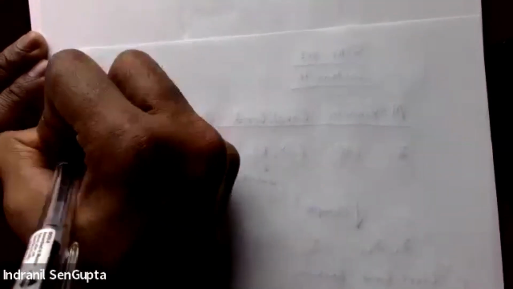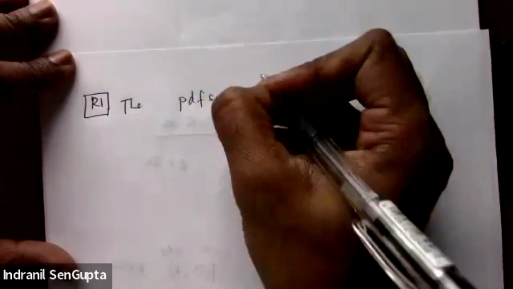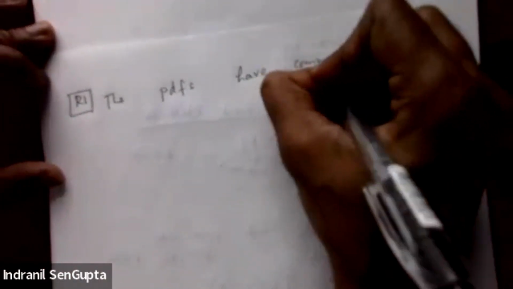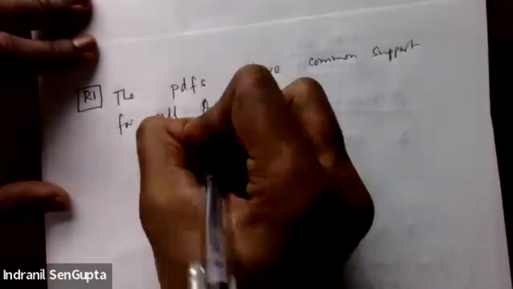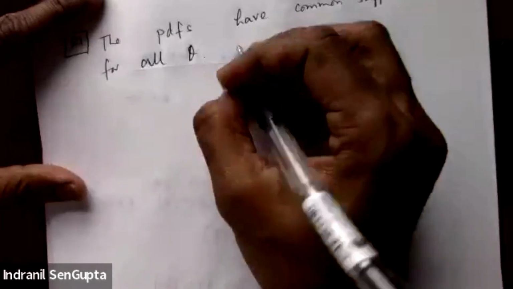Second one, number 2, it's called R1. It's given by the PDFs have common support for all theta. What does it mean? What is the support?